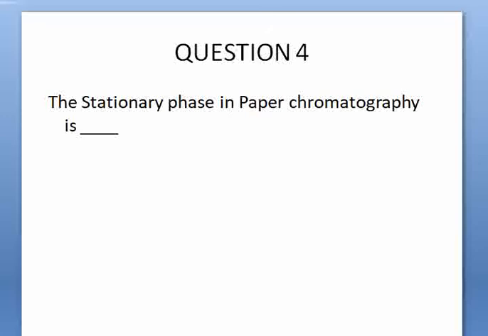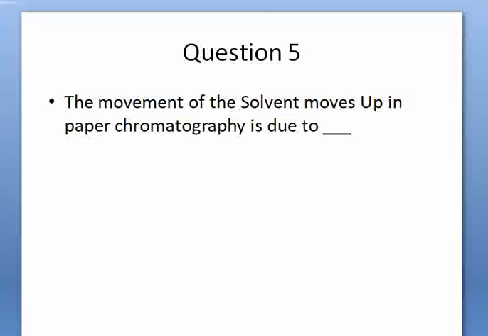Now the fifth question: the movement of the solvent moves up in paper chromatography. The solvent here means the mobile phase. Why does the mobile phase move in a paper? Normally in column chromatography, the mobile phase moves from top to bottom. Why? Because of the gravitational force.